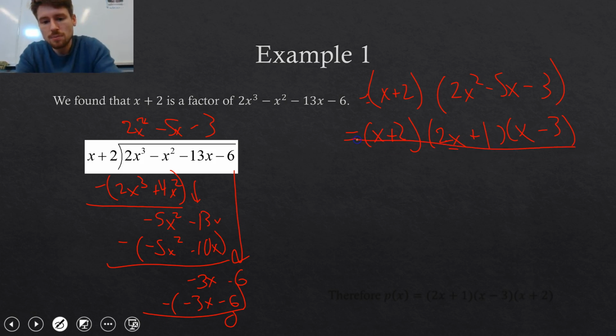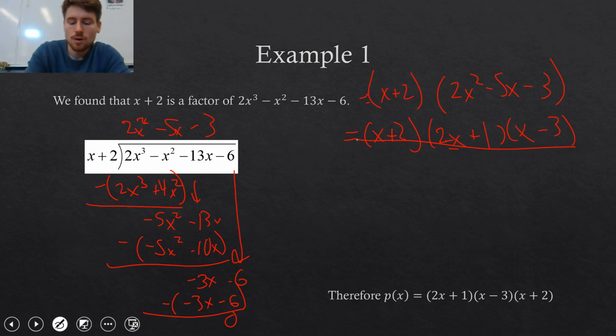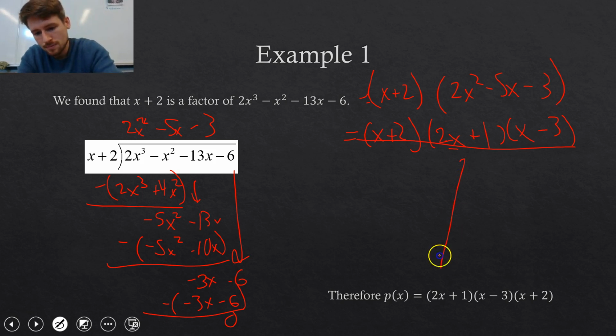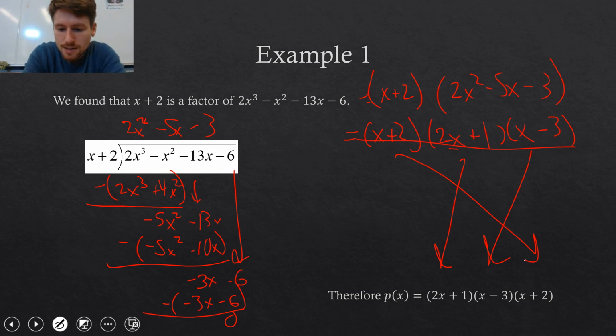And so we've factored the polynomial out, and so we're done. The polynomial is 2x plus 1, and then x minus 3, and then x plus 2. The order doesn't matter when you write these.